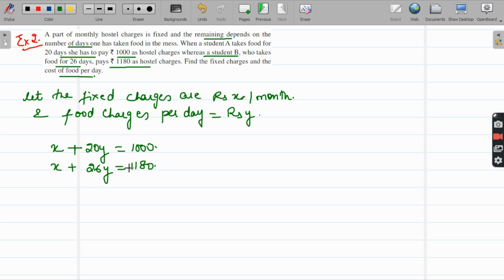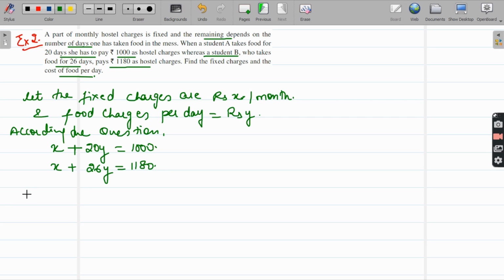So we'll solve. Of course, you can use elimination or substitution methods also in word problems. It's usually not mentioned which method you have to use. But right now we'll do it with cross multiplication. So if I rewrite it, these are the equations we have got according to the conditions given in the question.